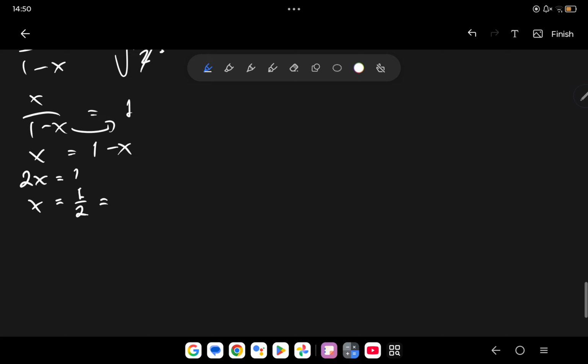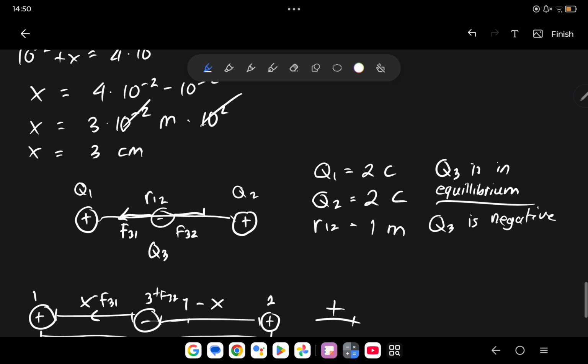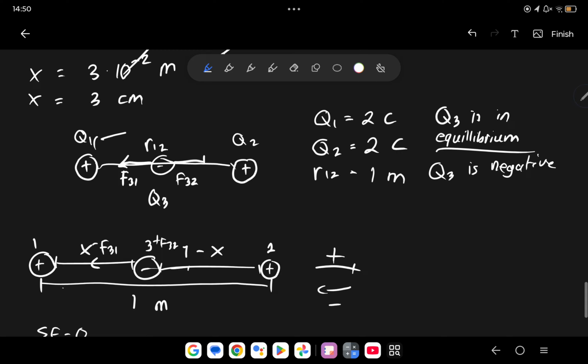Or 0.5 meters. Or 50 centimeters. So the final answer that we get is the distance between object 1 and object 3 is equal to 50 centimeters, directly in the middle.